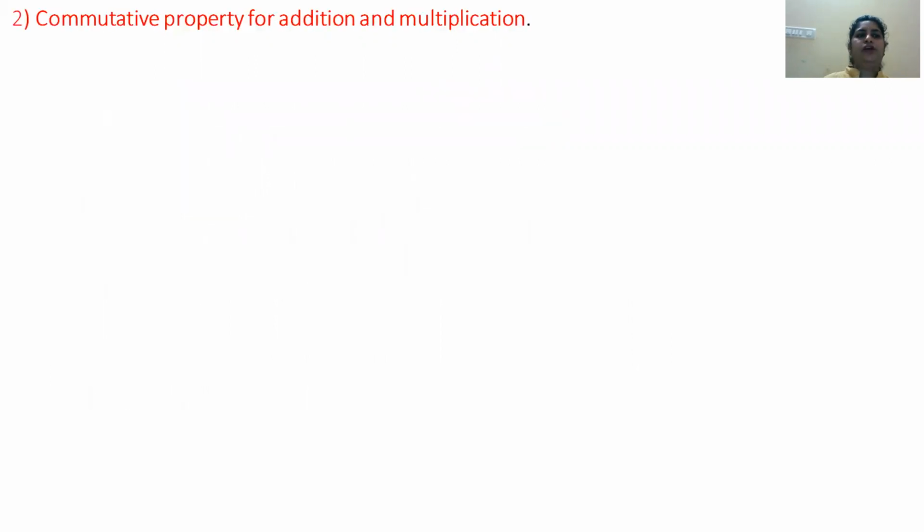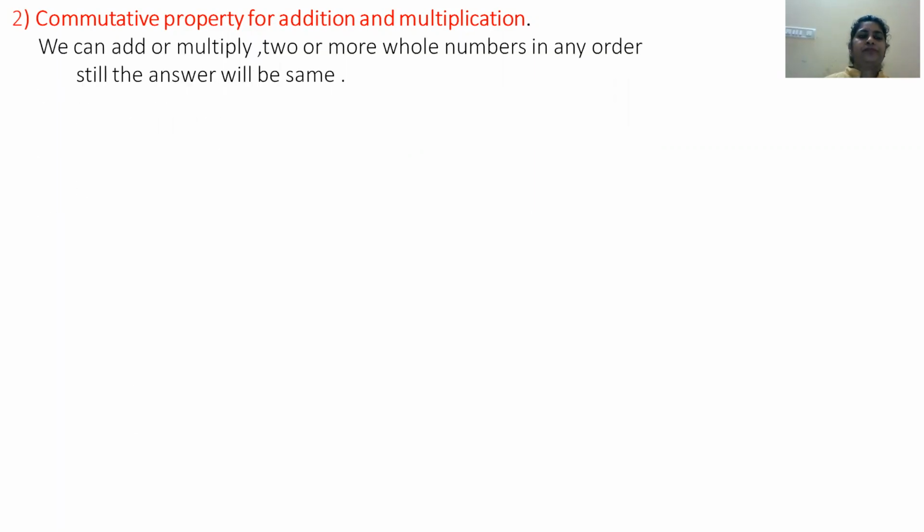Now we shall see what the commutative property for addition and multiplication is. We can add or multiply two or more whole numbers in any order. Still the answer will be the same. Here we have to observe that any order is the keyword.